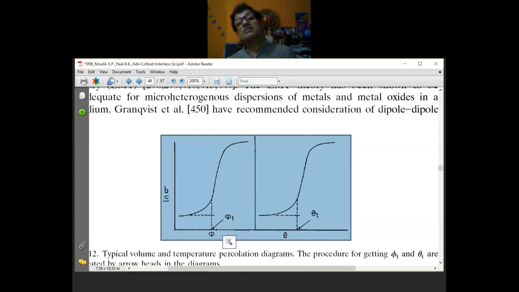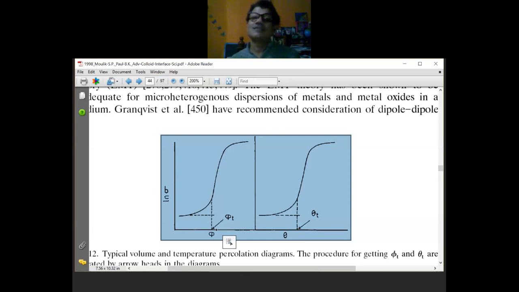The percolation of electrical conductance can also be increased in the other way. Now if you simply increase the temperature, you are increasing the overall kinetic energy of the system. So the microemulsion droplets become more mobile. If their mobility is increased, the collision probability, or probability of coming in contact with each other, also increases. So what would you expect?